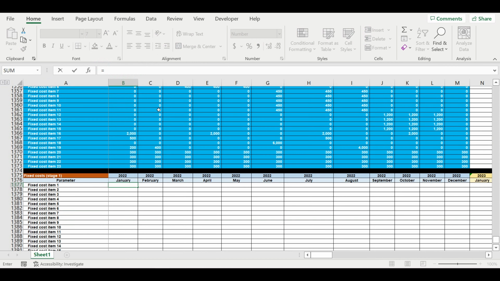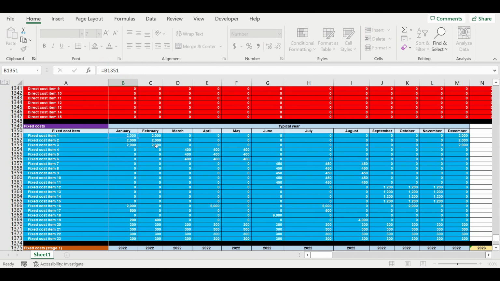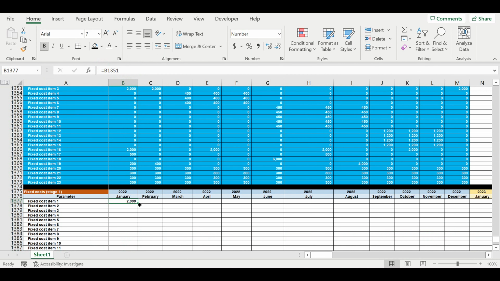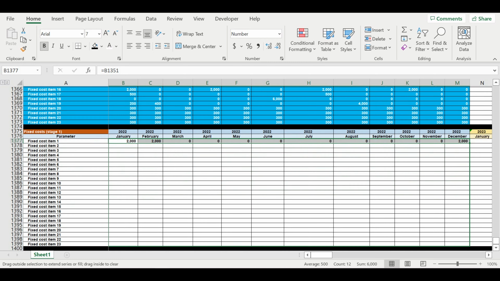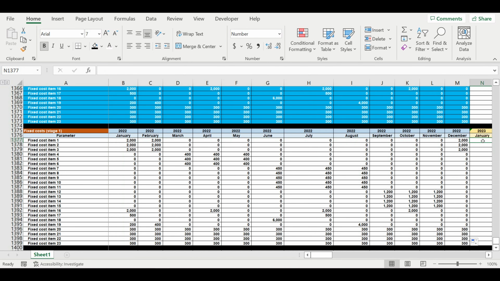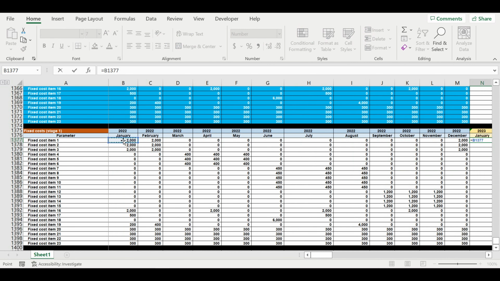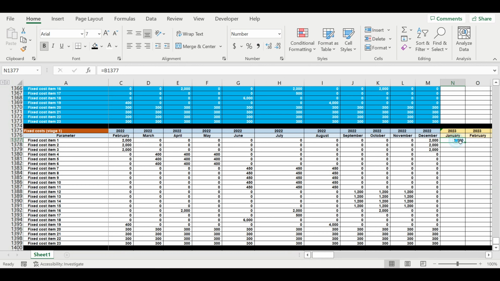Then I will place the typical year, the values from the typical year. Then I will extrapolate these values to the right, to the whole of our timeline.